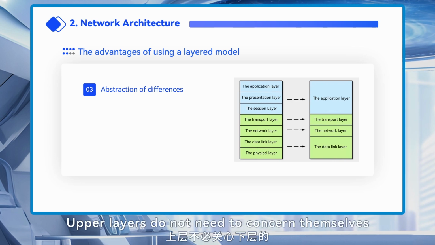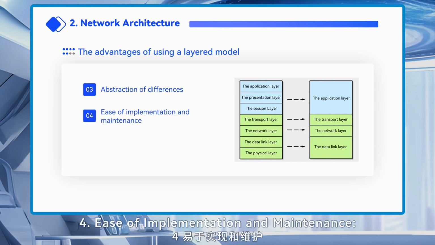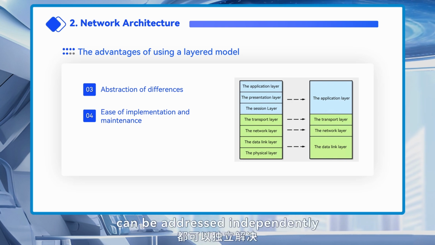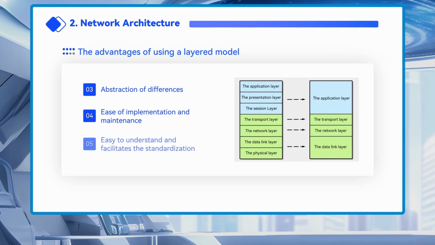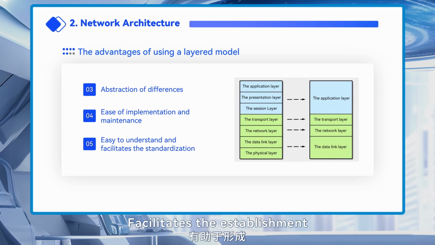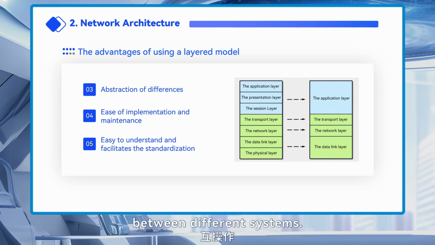Upper layers do not need to concern themselves with the specific implementation details of lower layers. 4. Ease of implementation and maintenance. Issues within each layer can be addressed independently without affecting the entire system. 5. Standardization. Facilitates the establishment of unified standards, promoting interoperability between different systems.